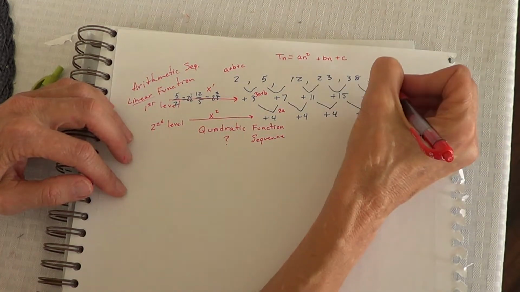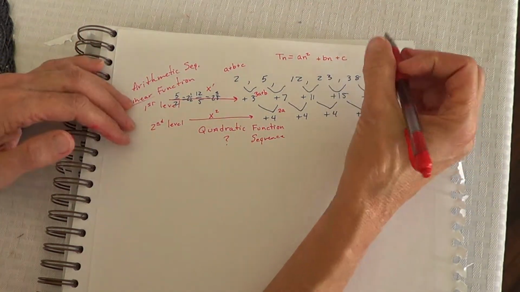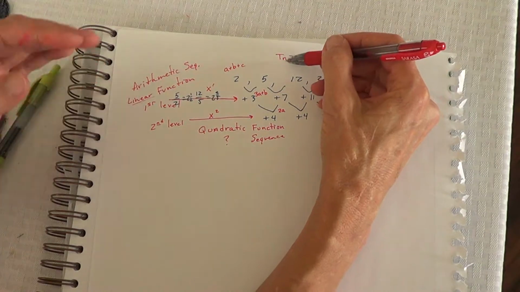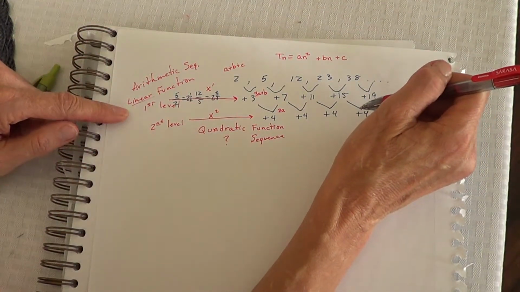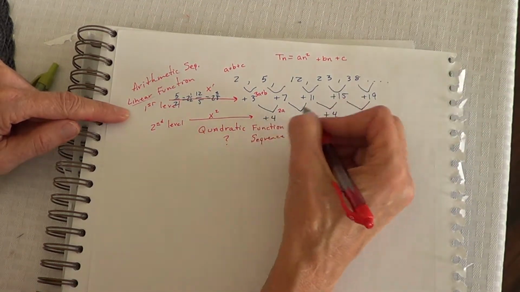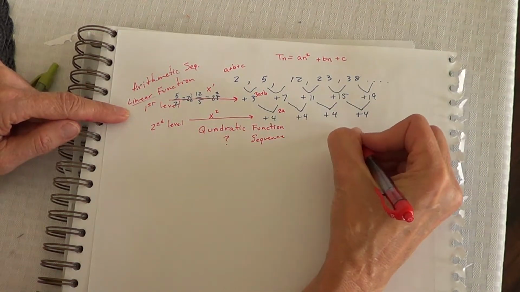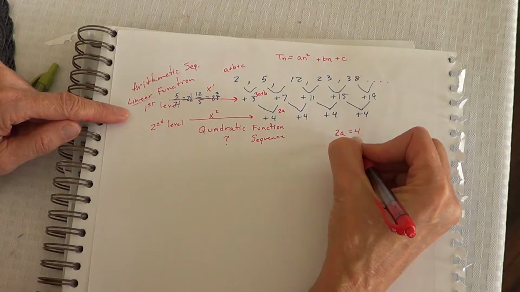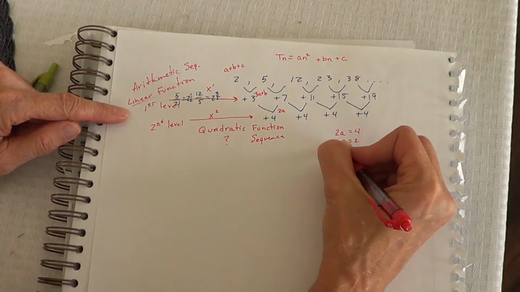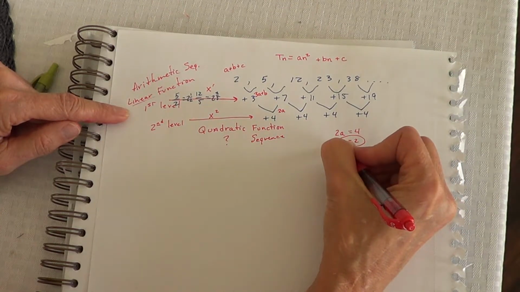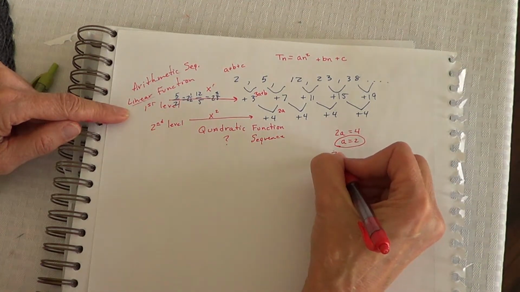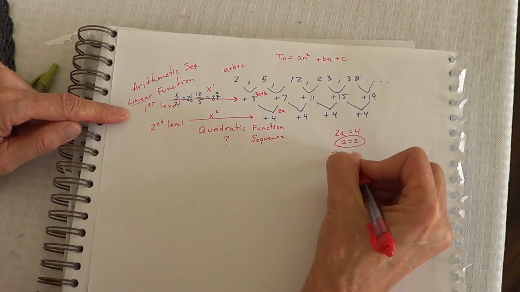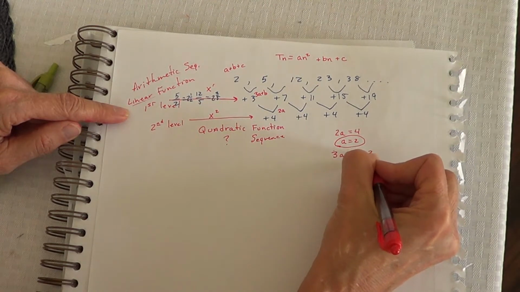So I want to know what your rule is for this function so that I can ask you any term number and you can give me what the value will be in that term. Here's how I'd go about that. If you know that 2a equals 4, then you know a equals 2. Now, knowing that a equals 2, we take 3a plus b equals 3.